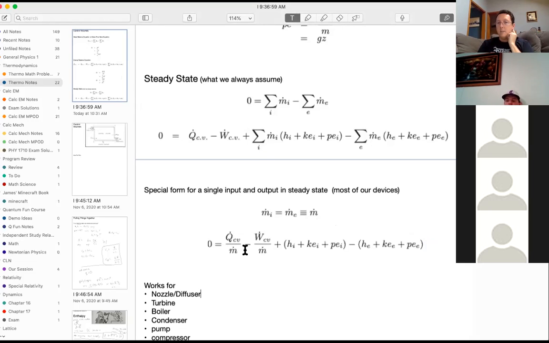So you can divide everything by m dot, and you can write 0 is equal to the heat flow rate divided by the mass flow rate. Then you have the power delivered divided by the mass flow rate. And the nice thing about doing it this way is these terms in parentheses are all specific terms and they're just constants.